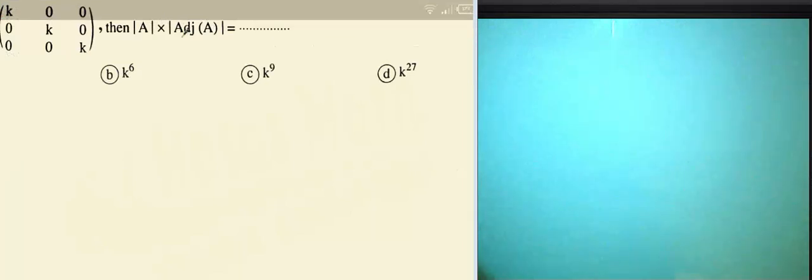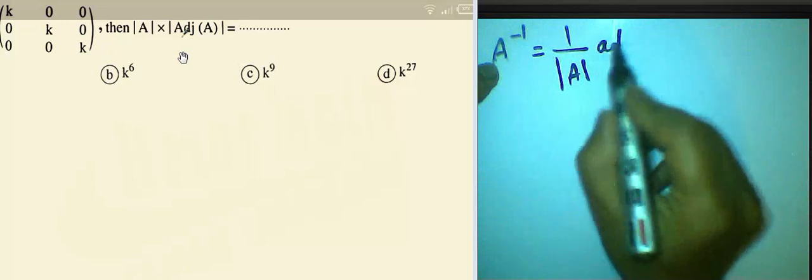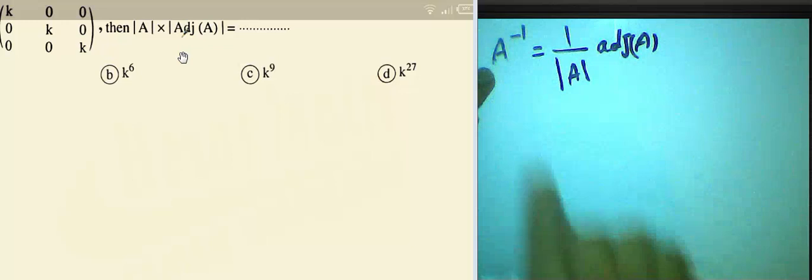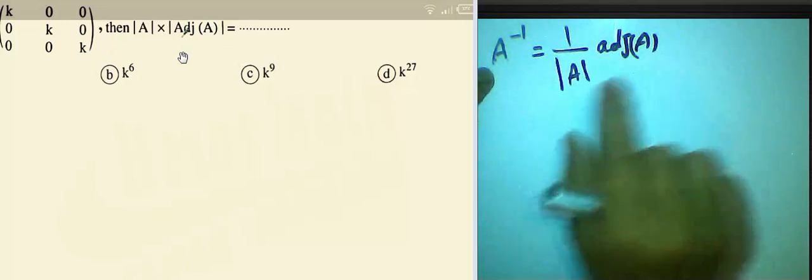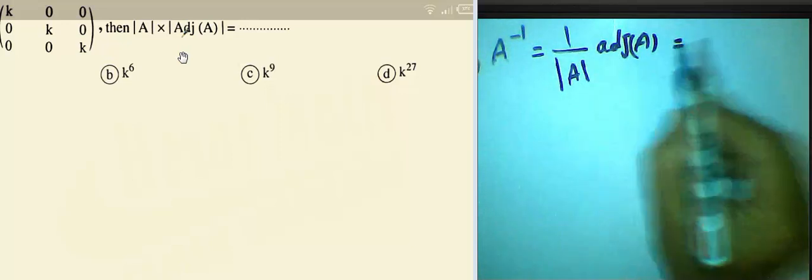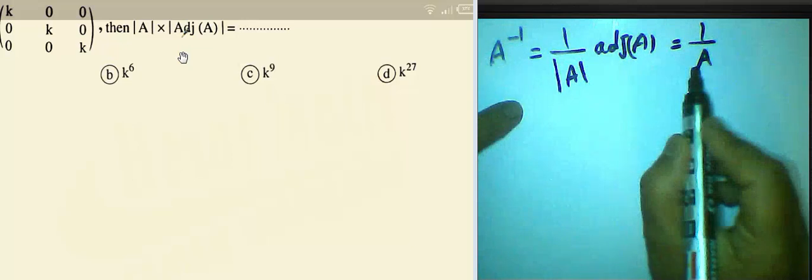Next question here. If A equals the matrix with k on the diagonal and 0 outside, then determine the determinant of A multiplied by the determinant of adjoint A. Okay, we know A to the power negative 1, the inverse of matrix A, equals 1 over determinant A multiplied by adjoint A. We know A to the power negative 1 is the inverse, which is 1 over A. And we can cross-multiply: the product of the extremes equals the product of the means.